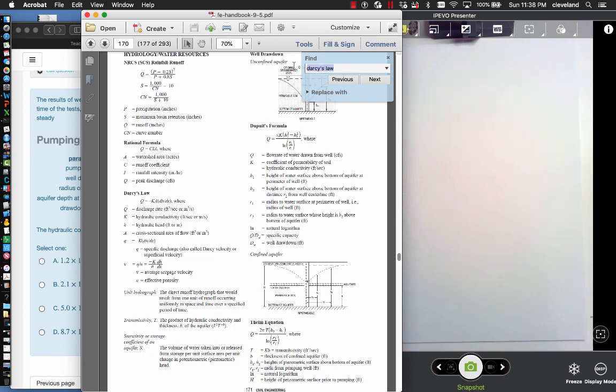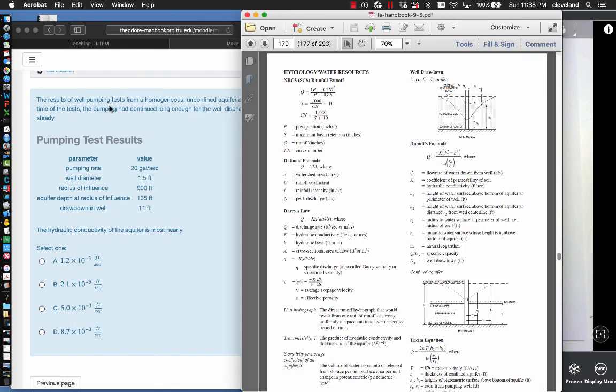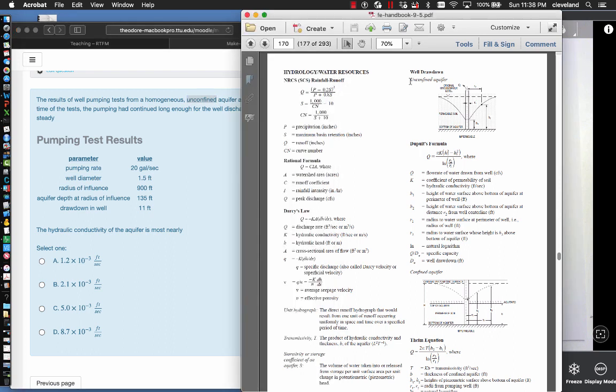Yet again, we're on the same page, but let's pretend that we didn't know that. We look at drawdown, and we have an unconfined versus a confined aquifer. In our problem statement, we're told it is unconfined, so we're going to use the Dupuit formula up here.